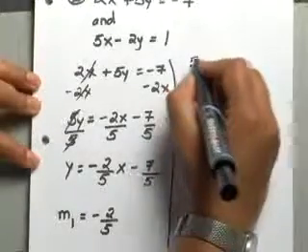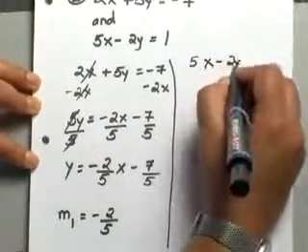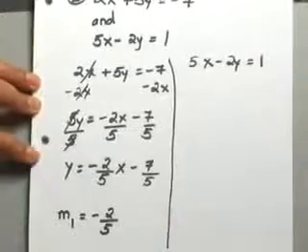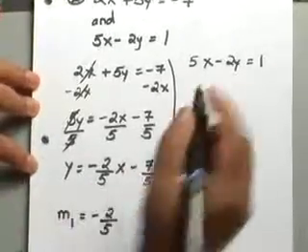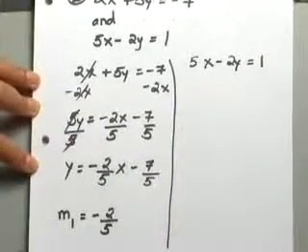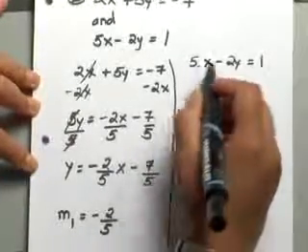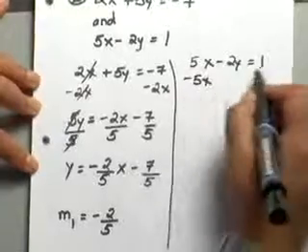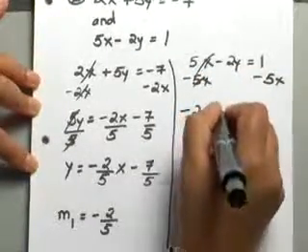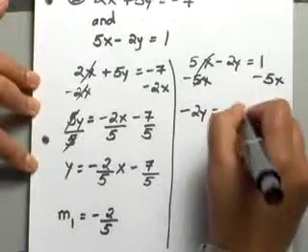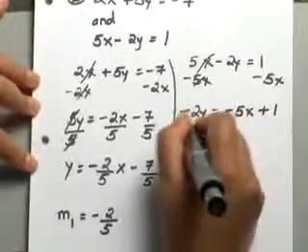You'll do the exact same thing for the second line. Your equation is 5x minus 2y equals 1. Go ahead and solve this equation for y and find the slope of this line. And again, we start by moving the 5x over. You're left with negative 2y equals negative 5x plus 1.